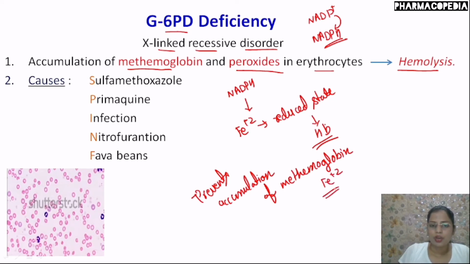Okay, so what I mean to say is ये जो NADPH है ये hemoglobin को ferrous state में मेंटेन करता है and therefore it prevents the accumulation of the methemoglobin or the ferric state.